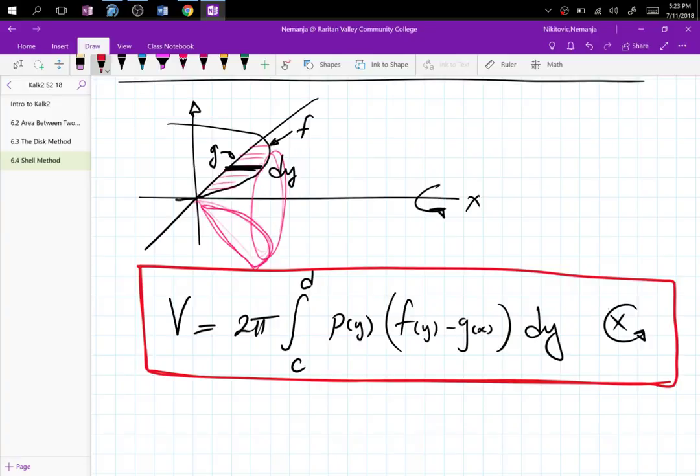So this f minus g, as you can see, is present in every single one. As soon as you have two functions, that traps the area, guys, and it's the area that it traps that rotates and creates the shape.